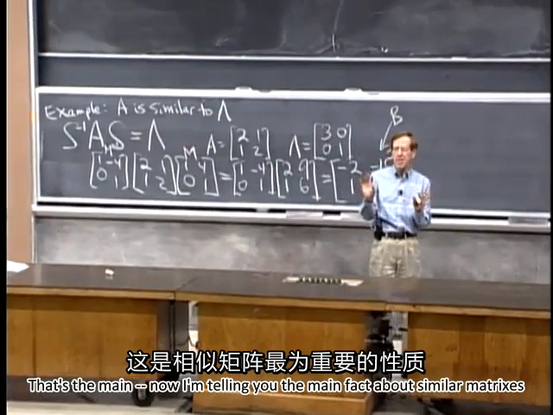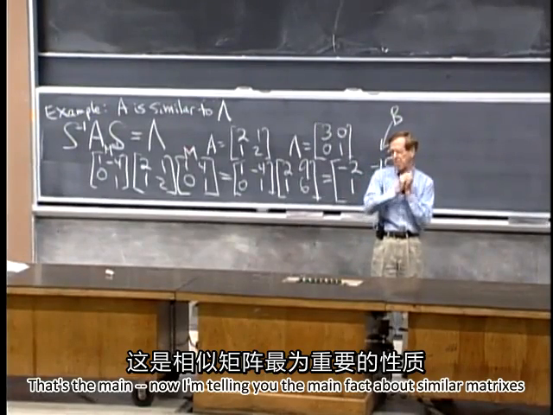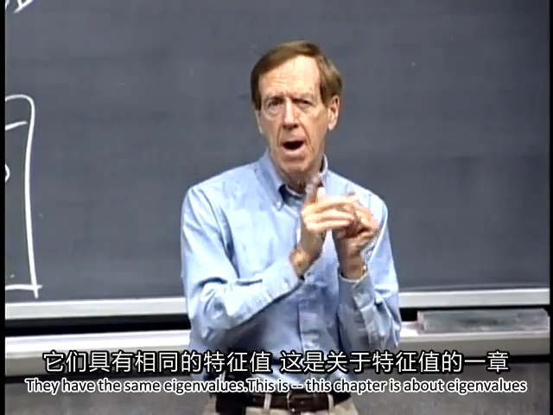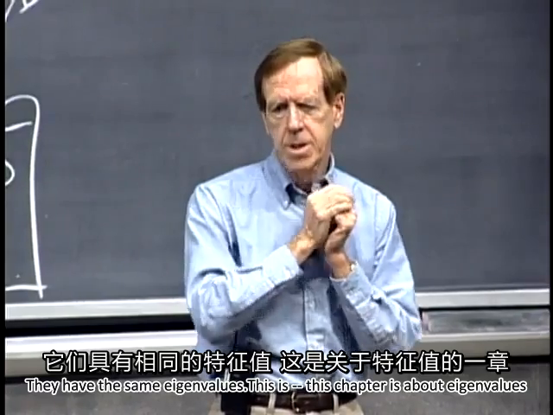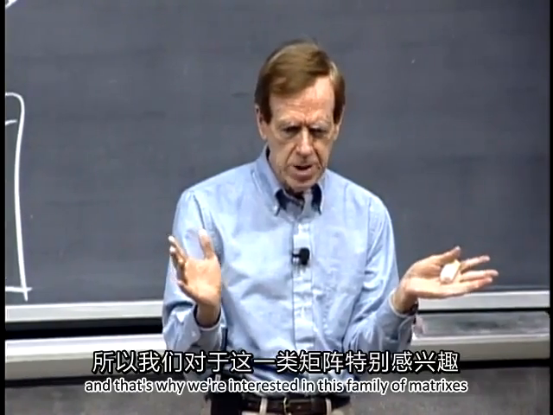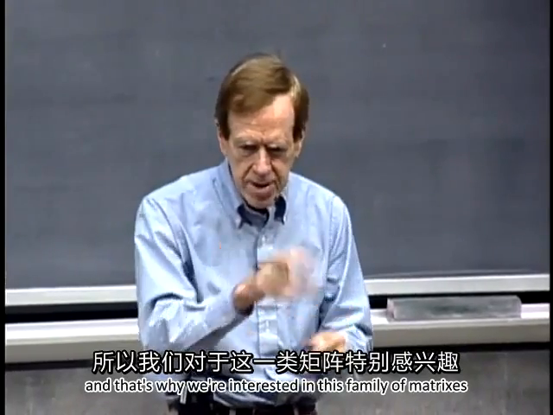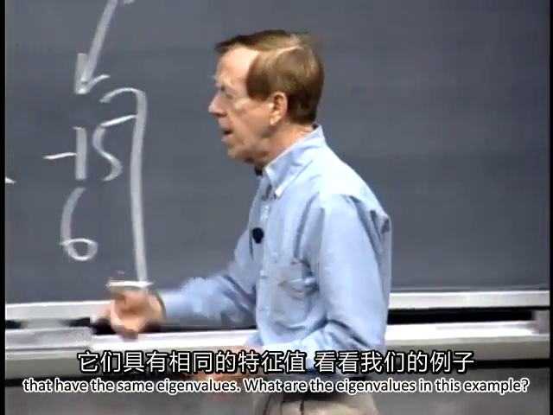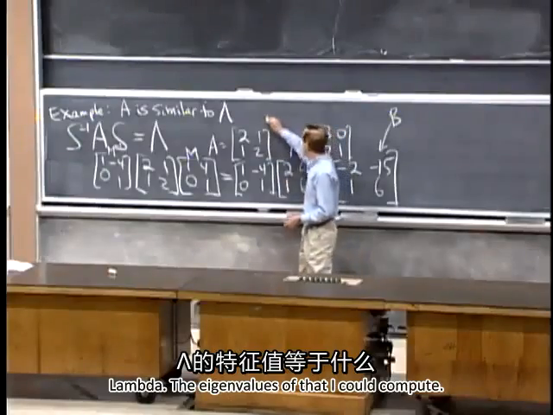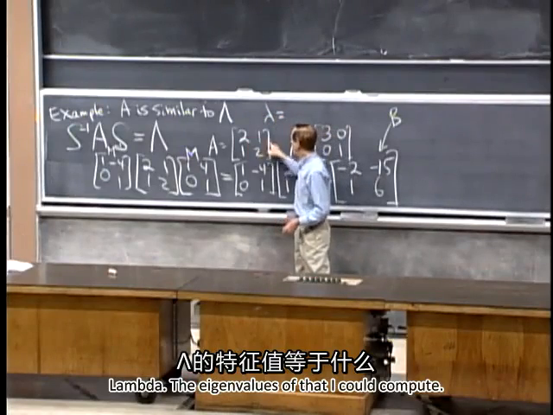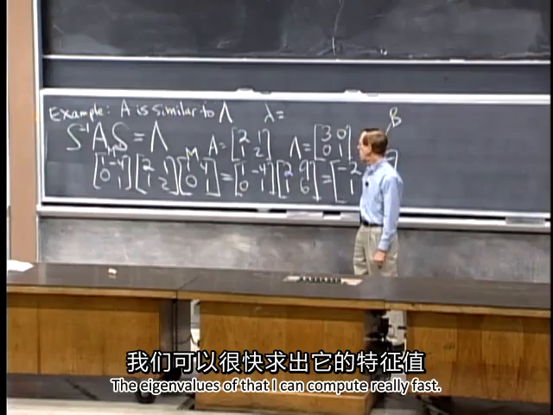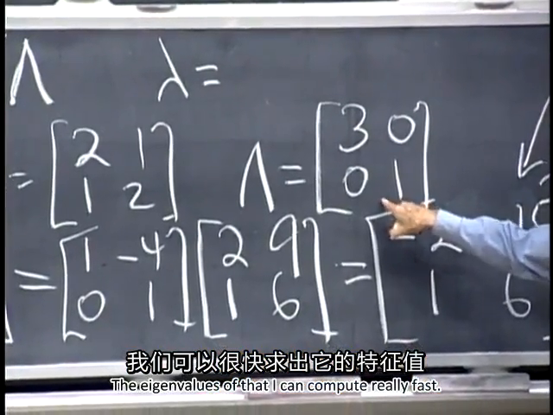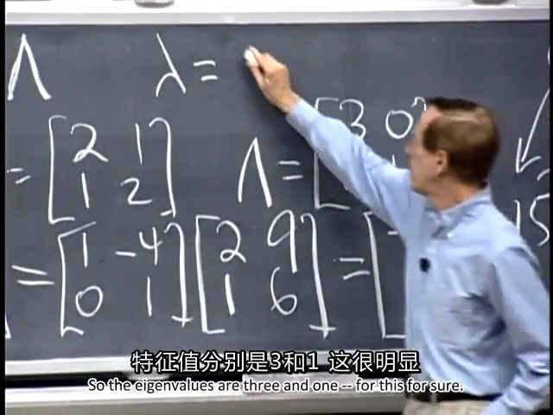Now I'm telling you the main fact about similar matrices. They have the same eigenvalues. This chapter is about eigenvalues, and that's why we're interested in this family of matrices that have the same eigenvalues. What are the eigenvalues in this example? The eigenvalues of lambda I can compute really fast. The eigenvalues are 3 and 1.